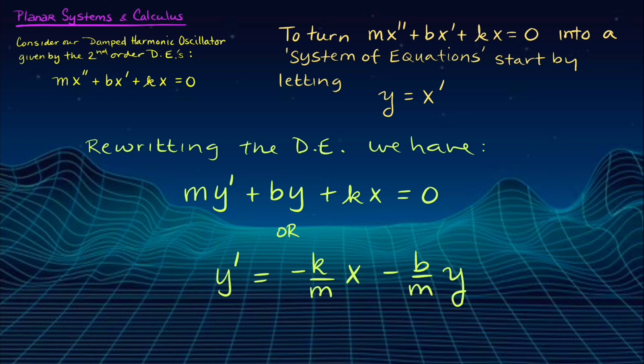Then we'll substitute into our differential equation and get y prime is equal to negative k over m times x minus b over m times y. So now we can formulate these two derivatives together as a system of differential equations.